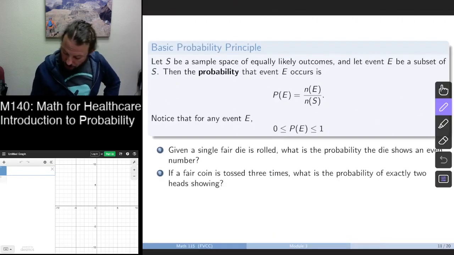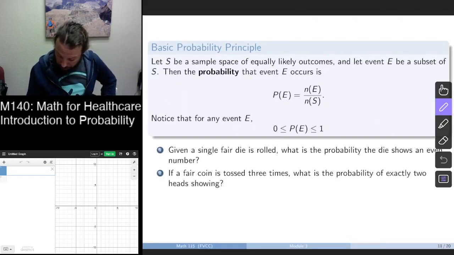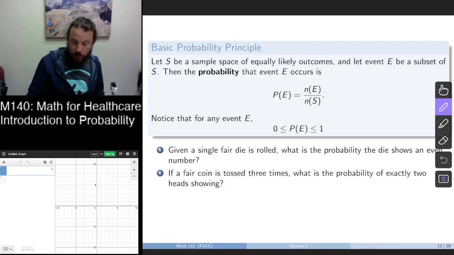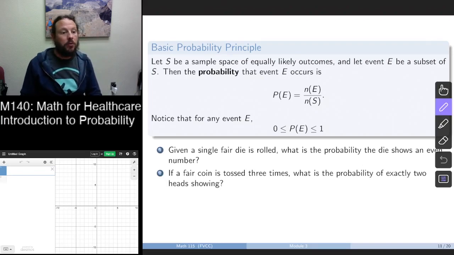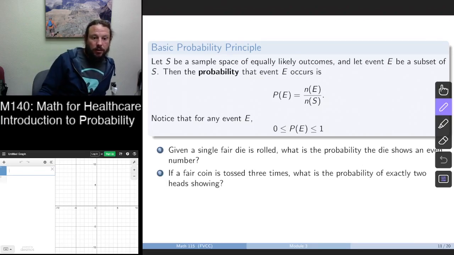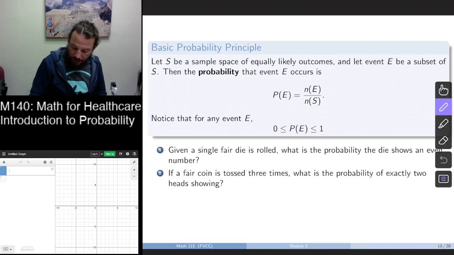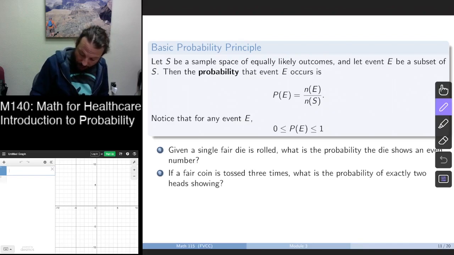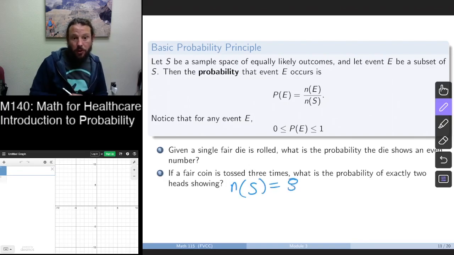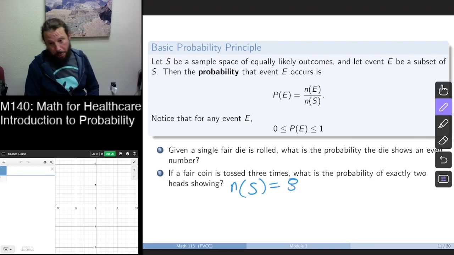If a fair coin is tossed 3 times, what is the probability of exactly 2 heads showing? Refer to your book or go back to the previous slides to see that the size of our sample space is 8 here. I don't want to list them all, but remember there was the tree diagram that we did to look at that.